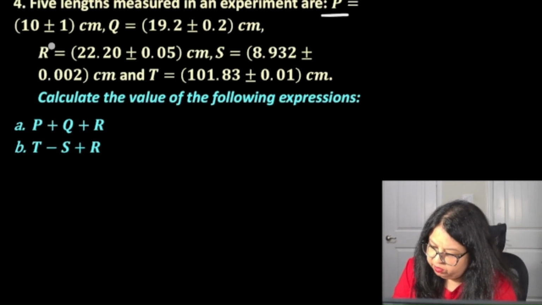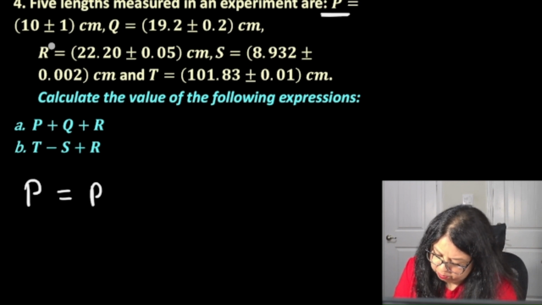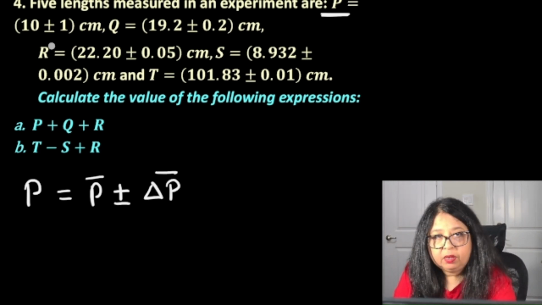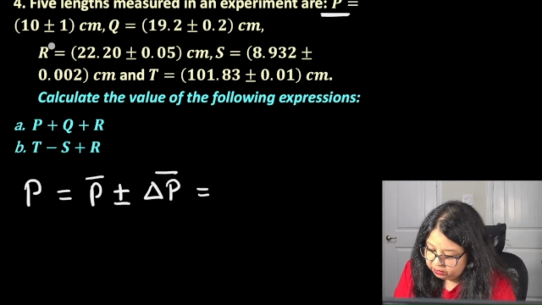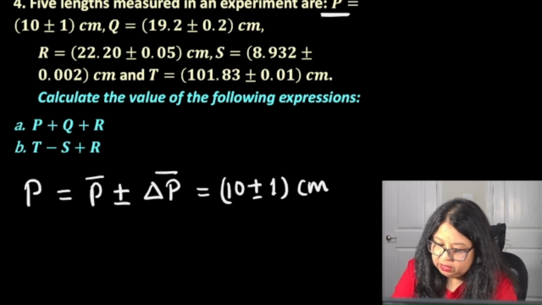Alright, so first one is P. Let's write this as P bar, the average value of P, plus minus delta P bar. And what is it given to be? 10 plus minus 1 centimeters. That's our first one.